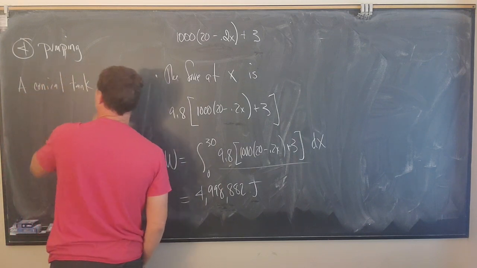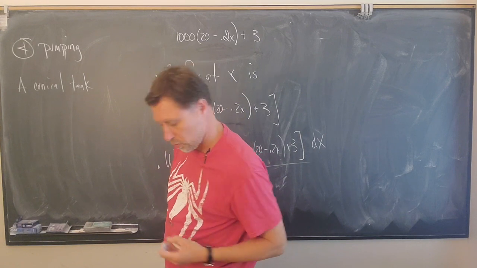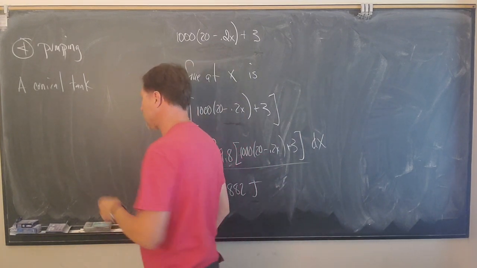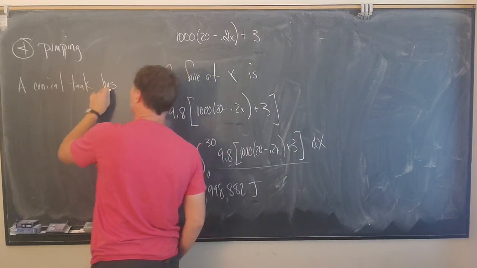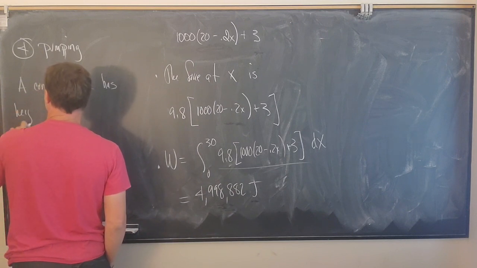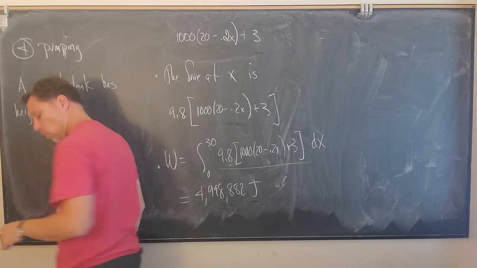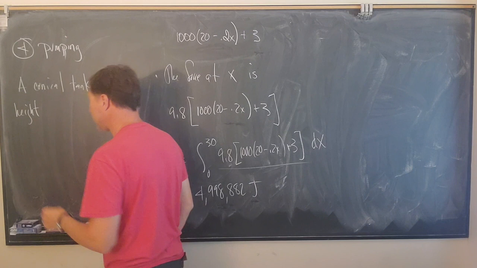A conical tank, conical meaning in the shape of a cone, has height 30 meters and radius 10 meters.